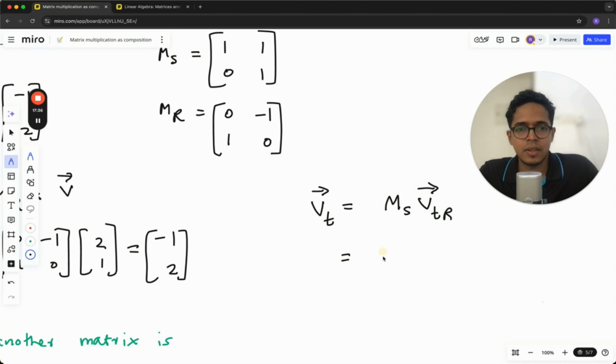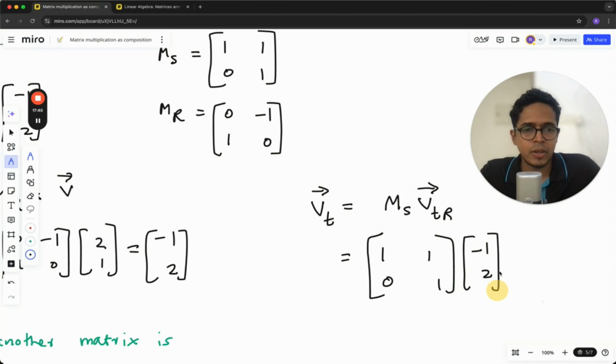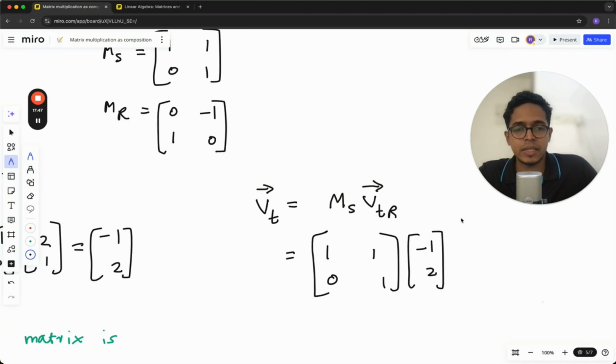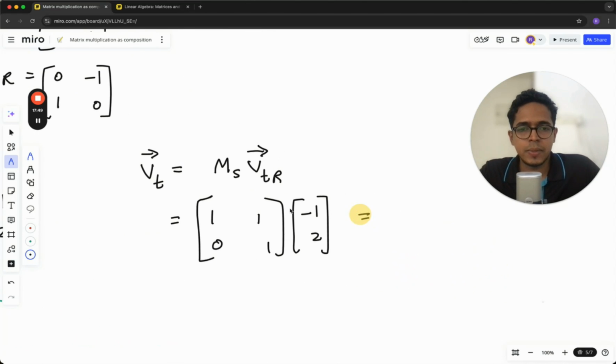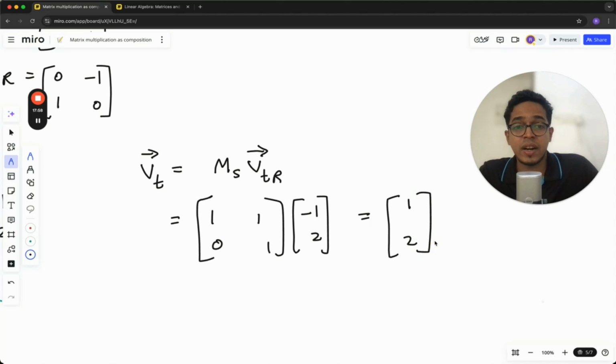So what is this? 1, 1, 0, 1. This matrix multiplies with -1, 2, because -1, 2 is the vector after just the rotation transformation. And this becomes 1 times -1, which is -1, plus 2, that will be 1. 0 times -1 is 0. 1 times 2 is 2. So this will become 1, 2.